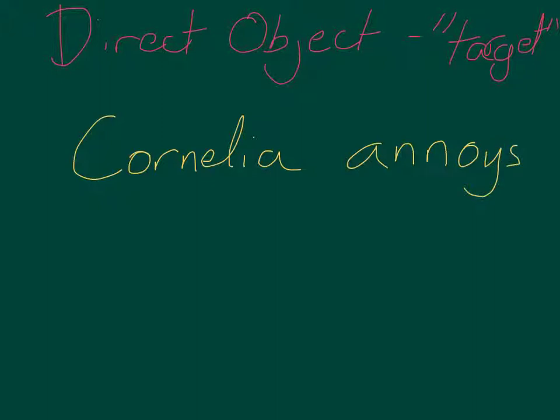Cornelia annoys, who's the target? Who is she annoying? Let's say she annoys Sextus. So in this instance, Sextus is our direct object. He's the one who's being annoyed.